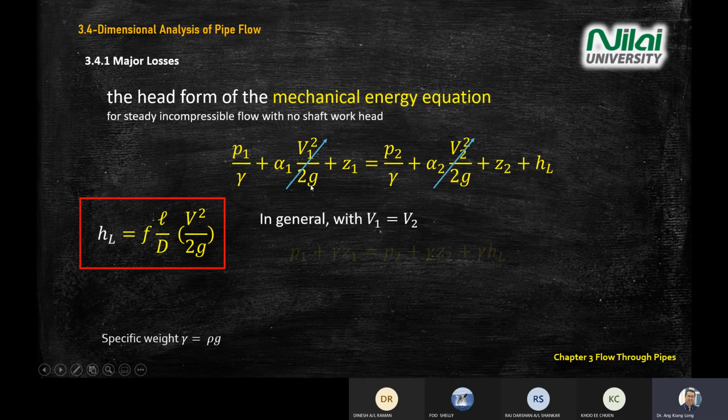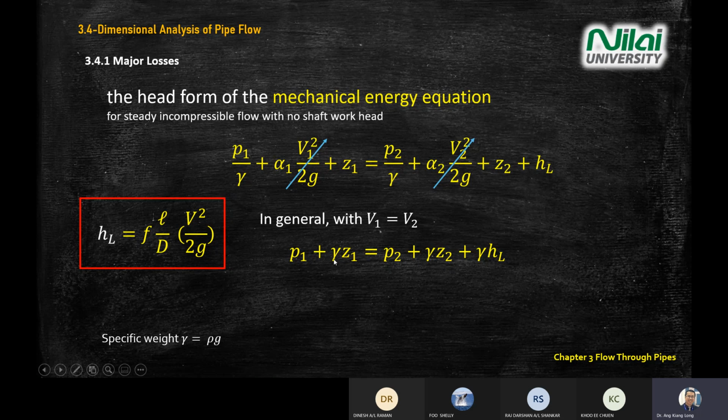So this is how you summarize your equation. If you have a straight pipe, then V1 equal to V2. If you have incompressible flow, alpha 1 equal to alpha 2. So take out these two terms. Then you multiply by the specific weight on both sides of the equation, meaning you multiply all the terms on the left-hand side by gamma, and also all the terms on the right-hand side.